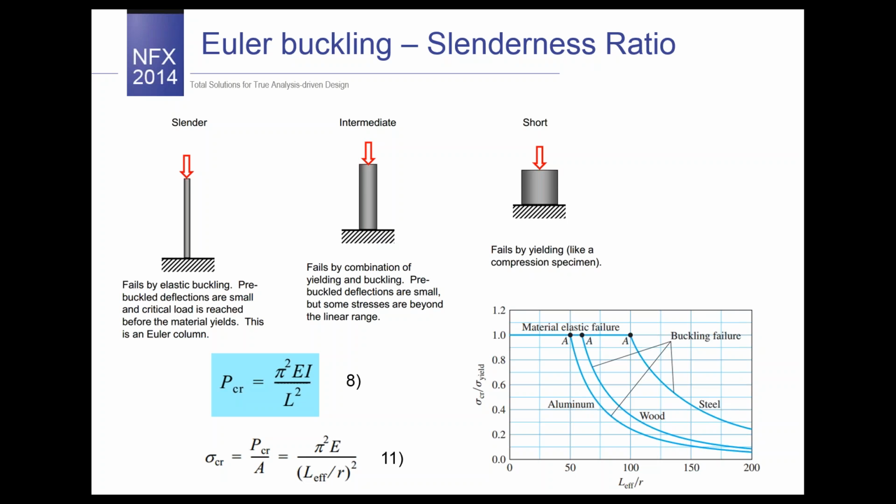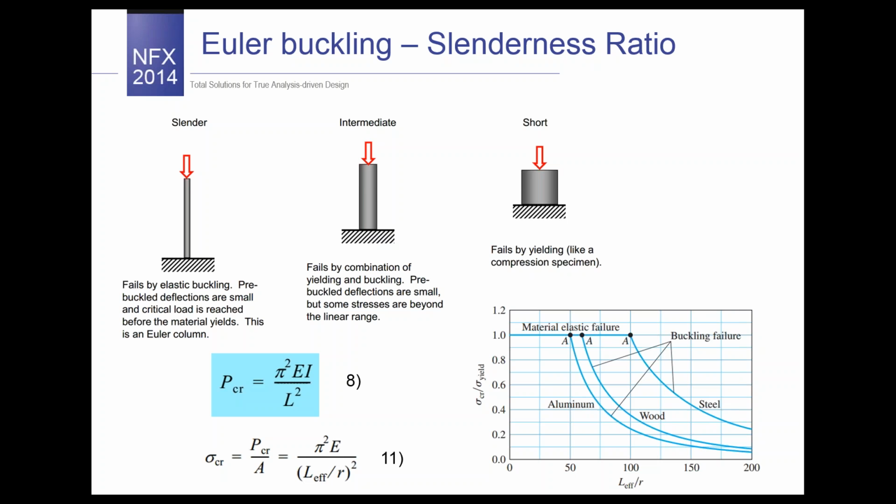Additionally, I'm presenting three types of columns because it is very important to distinguish which approach we have to use for the analysis. Not every type of column, if we are considering buckling, is valid for this analysis. Let's start with the slender column.